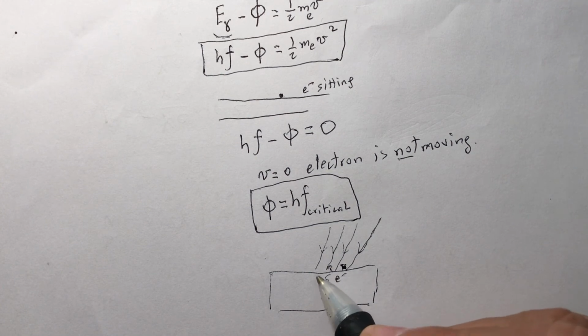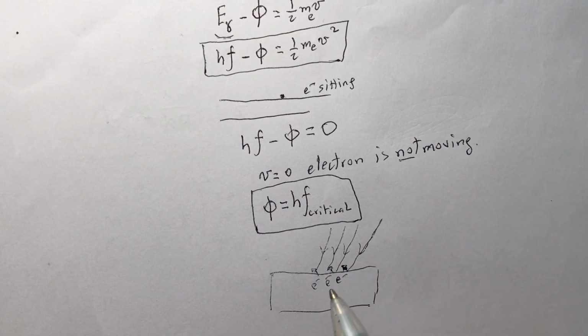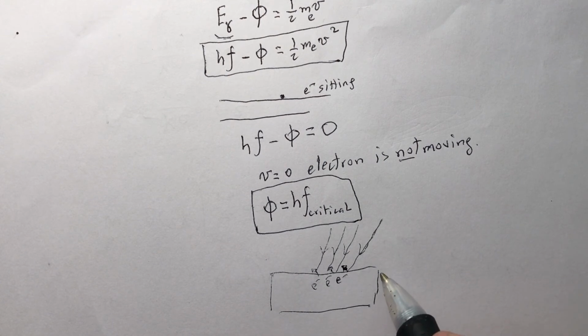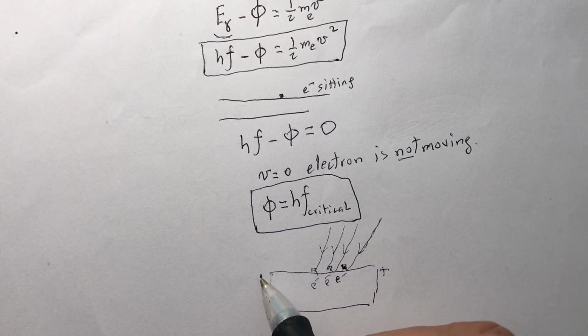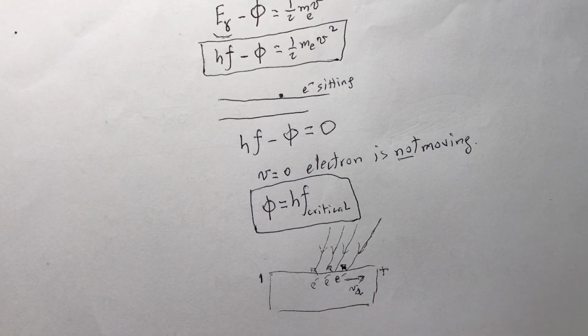Then if you give them a difference of potential, making this side positive and this side negative, the electrons will move with some drift velocity and you generate a current.